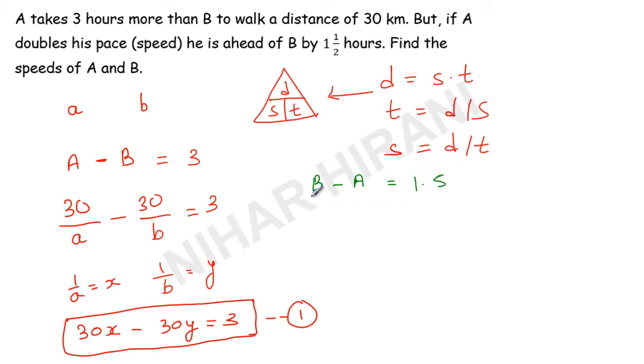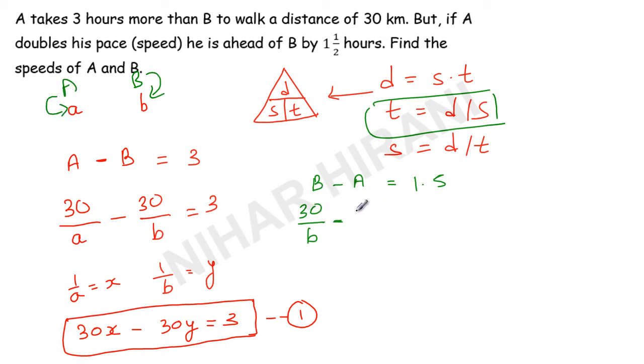Now what is the time taken by B? For that we will use the formula distance over speed. Distance is the same, 30, and for B speed is small b, and for A speed is small a. So here for B, that will be 30 over b minus 30 over 2a, and that is equal to 1.5. Now we suppose the same thing, 1 upon a is x and 1 upon b is y.